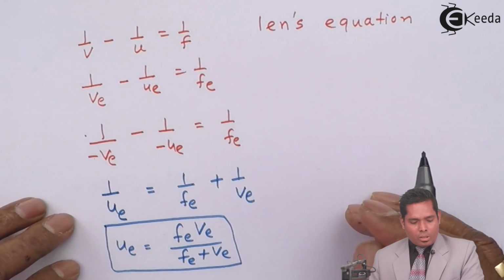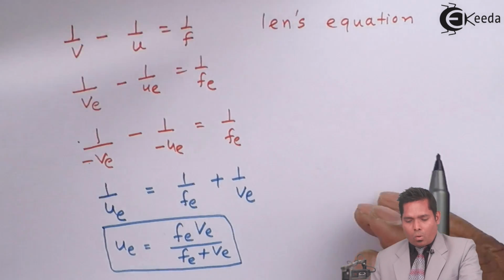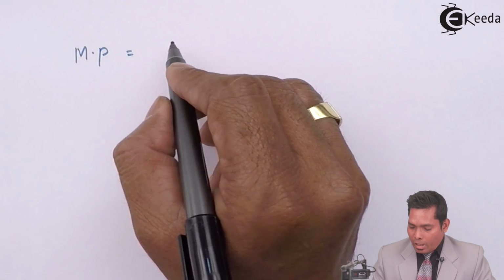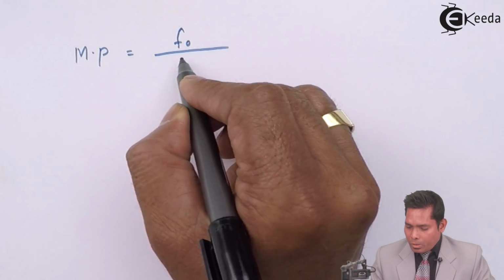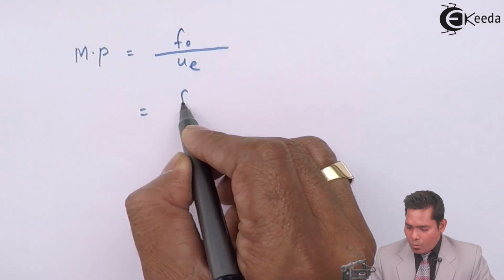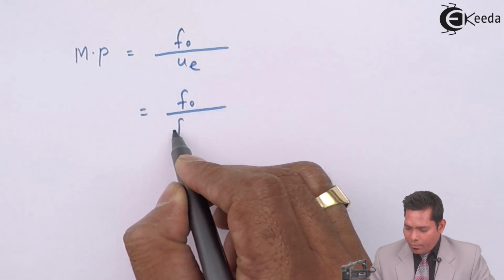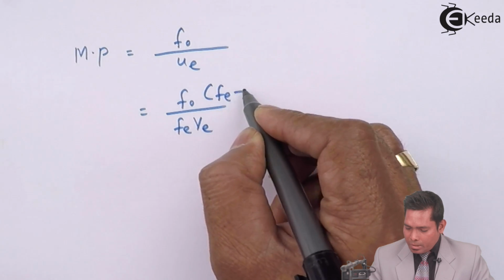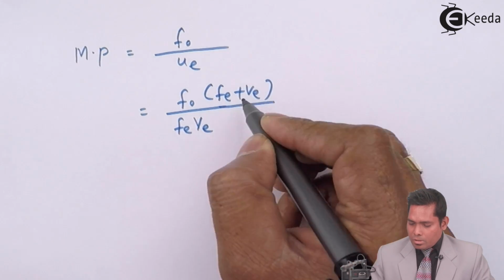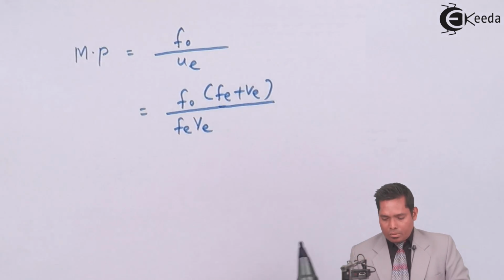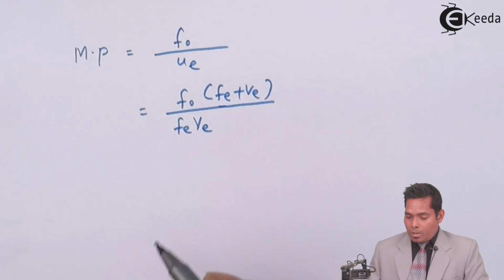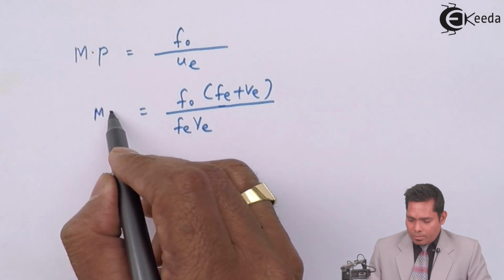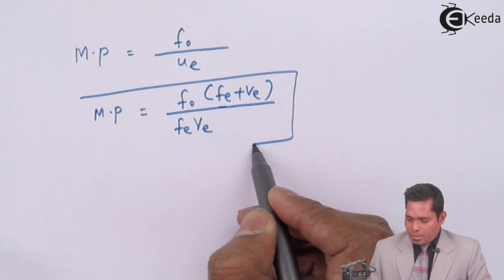So therefore the magnifying power of the telescope can be written as FO divided by UE, which can be replaced as FO divided by FE VE divided by FE plus VE. This is just what we got. Now this is the general expression, and this formula has to be remembered.